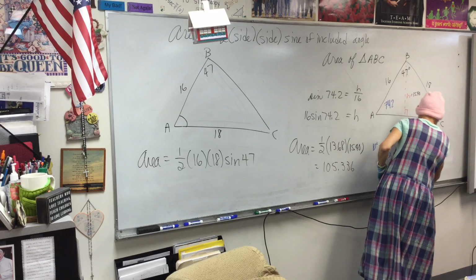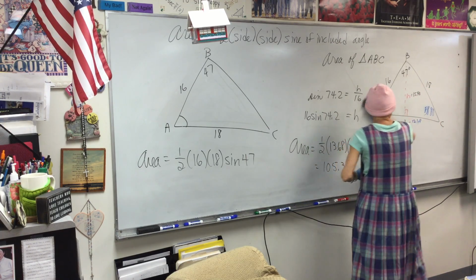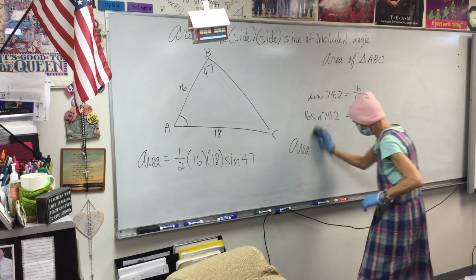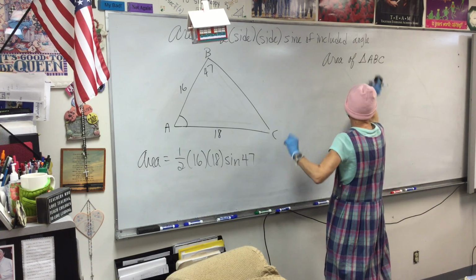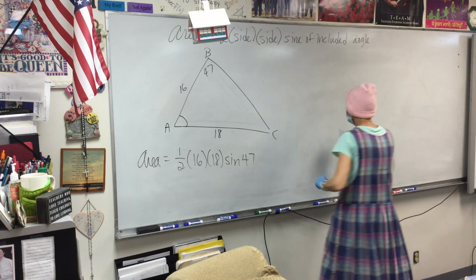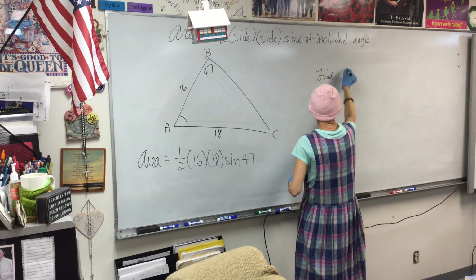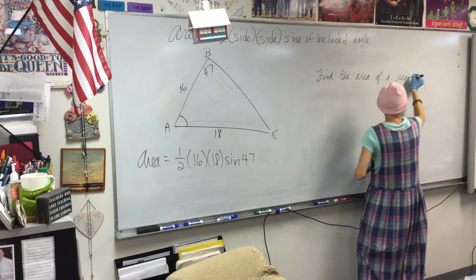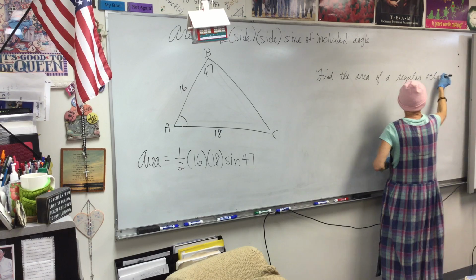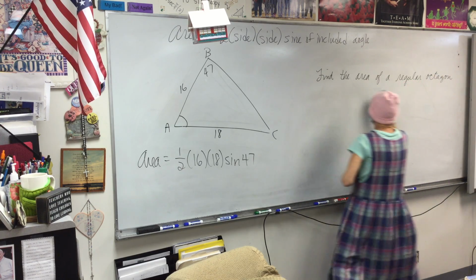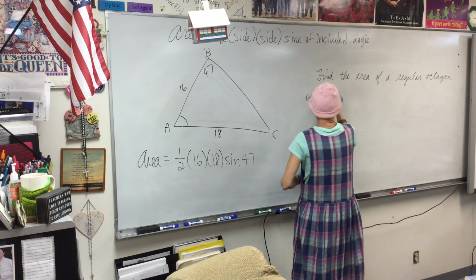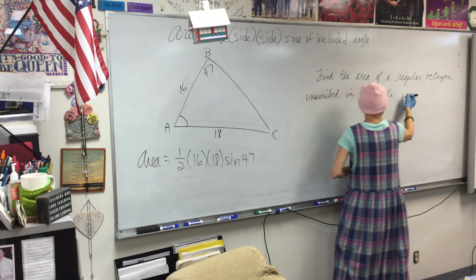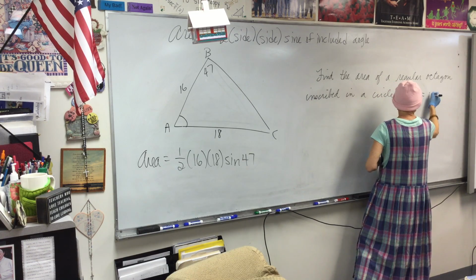Now, let's look at this problem. Find the area of a regular octagon inscribed in a circle with a radius of 10.